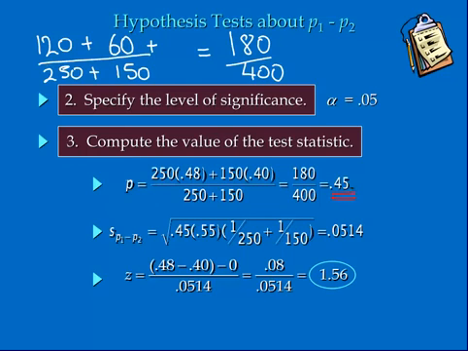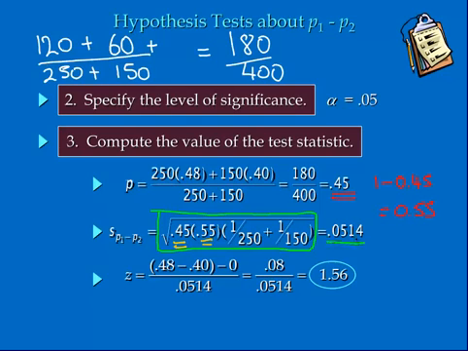Now, 1 minus 0.45 is 0.55. So that's where these two values come from: the pooled estimate and the complement of the pooled estimate. Now the sample sizes are 250 and 150, so we evaluate them like that, 1 over 250 plus 1 over 150. Now working all of this out together, we get an answer of 0.0514.